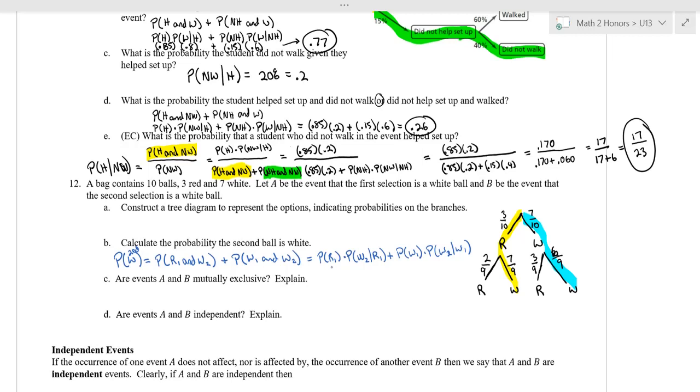So first one's red is 3 out of 10. Second one's white given first one's red is 7 out of 9. Plus first one's white is 7 out of 10. Probability second one's white given the first one's white is 6 out of 9.